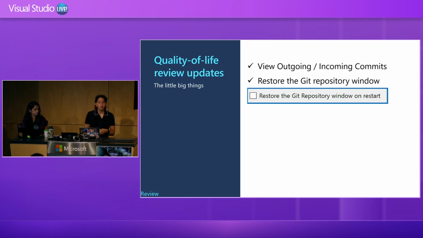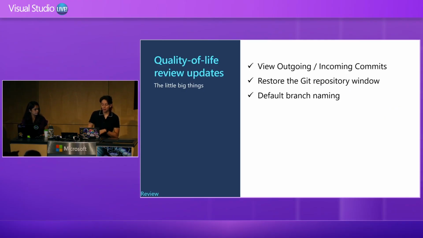This helps folks that love getting that top-down view of what's going on in their repo all at once at the beginning of their session. Know that this will affect your performance a little bit because you need to reload that whole window, but at least you're not having to manually open it up every single time if this is your preferred way to work.